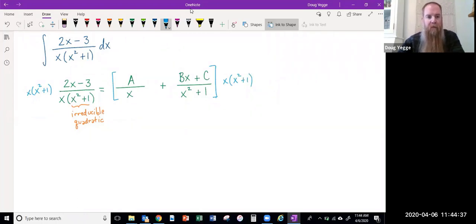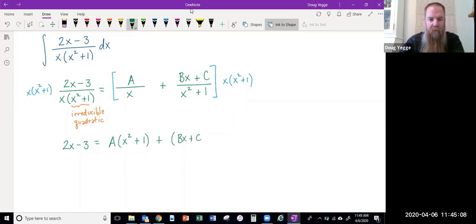Which means that all that's left on the left is 2x minus 3, while on the right side, the x cancels with the x, so we're left with a times x squared plus 1, plus, for this second one, the x squared plus 1 cancels, leaving me with bx plus c times x. Don't forget that the whole point of this again is to get my a, b, and c values.